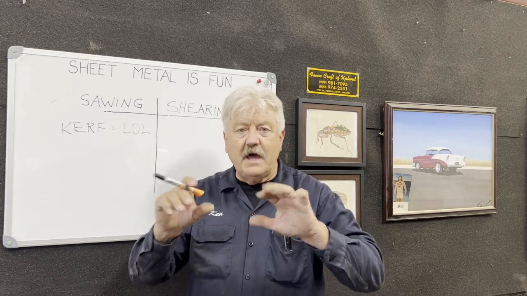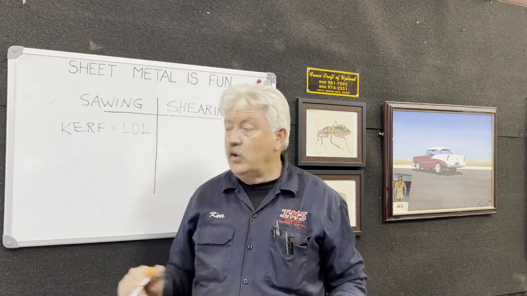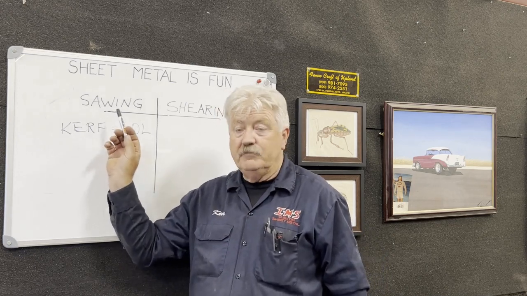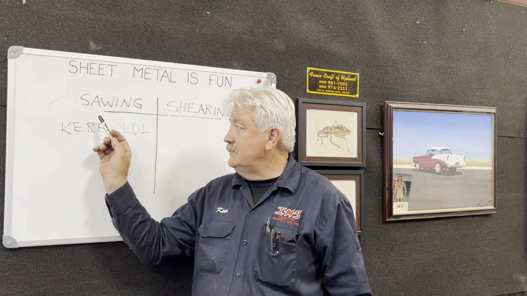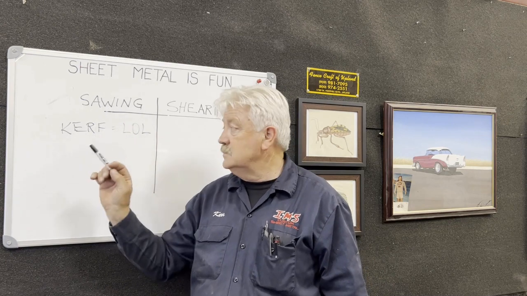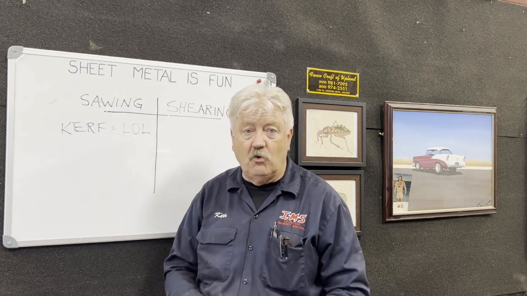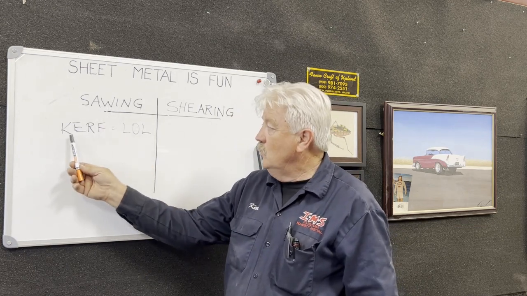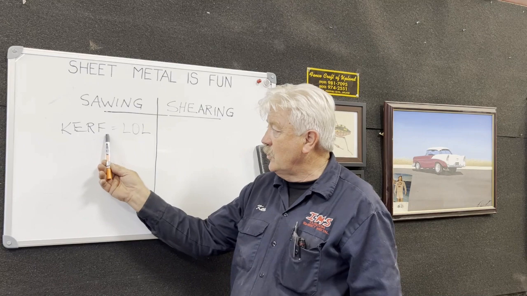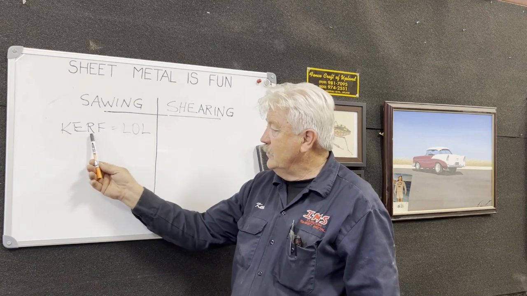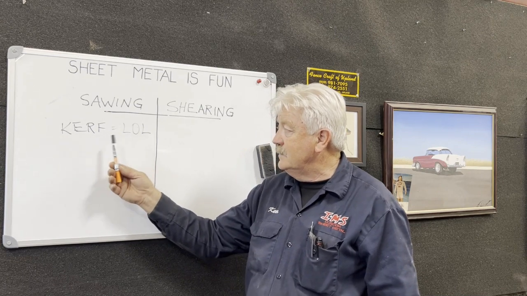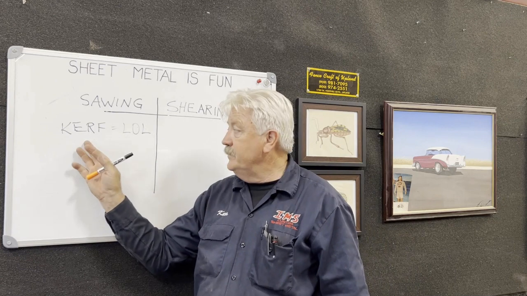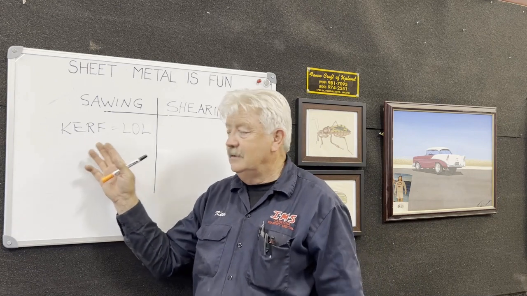If we run that board through there, we are not going to end up with 10 1-footers out of a 10-foot long board, because every time we saw, we lose this kerf, and the kerf is loss of length.